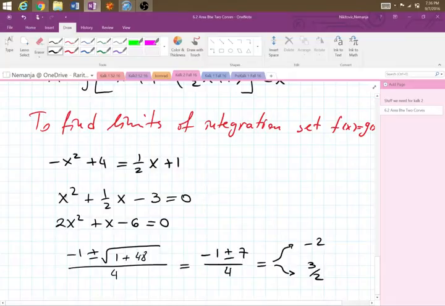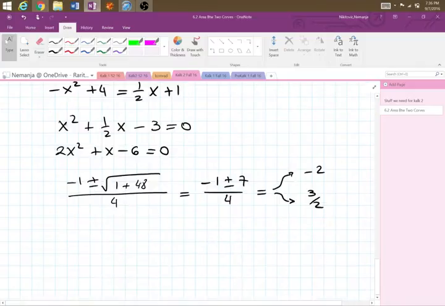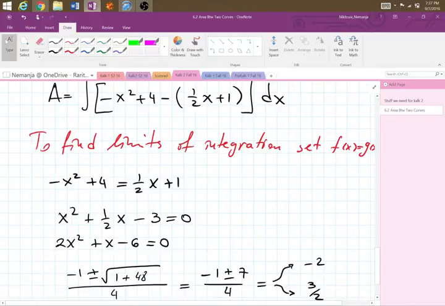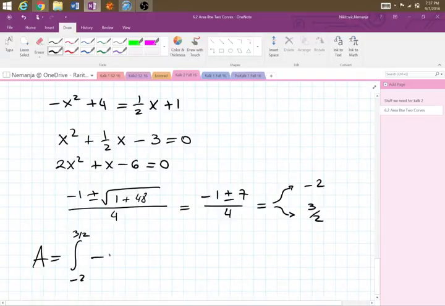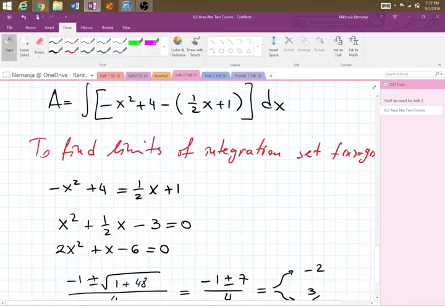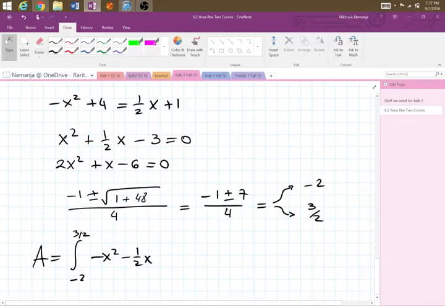So these are our values. -2 is the lower limit because it's a smaller number. So now our area integral is -2 to 3/2, and then we just use some algebra to put this stuff together. So -x squared minus 1/2 x, 4 minus 1 is +3. All of that in parentheses, and then dx.